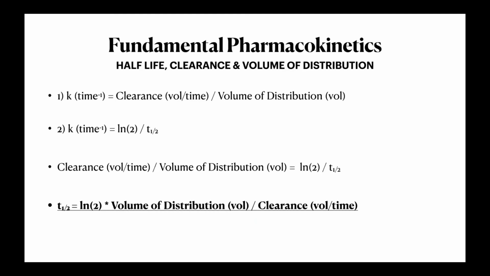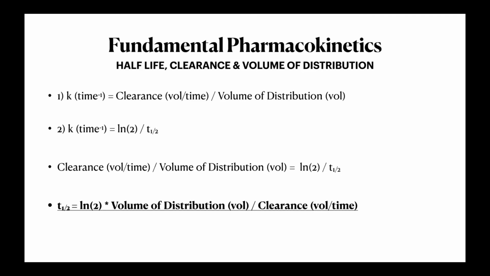The other way that you will also see half-life being defined is through the idea of clearance and volume of distribution. And that is true from that previous formula that we have. So we know that K equals clearance divided by volume of distribution. And we also know that K, or your elimination rate constant, equals the natural log of 2, or 0.693, divided by your half-life.